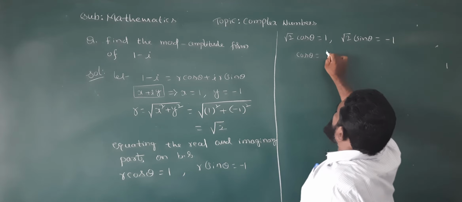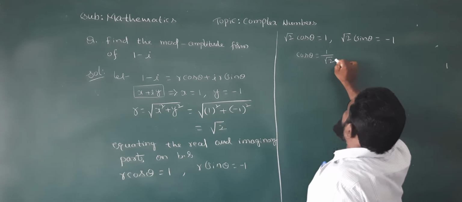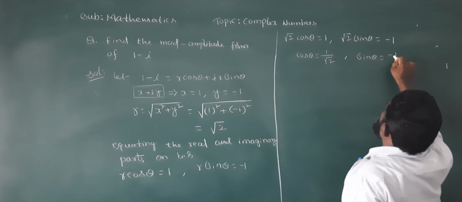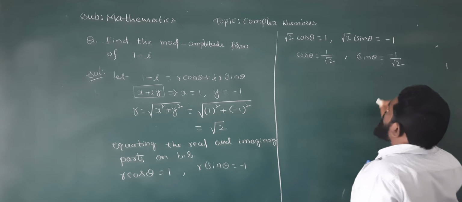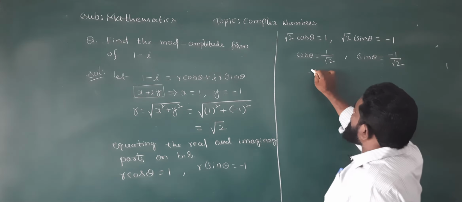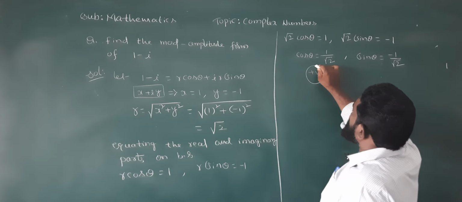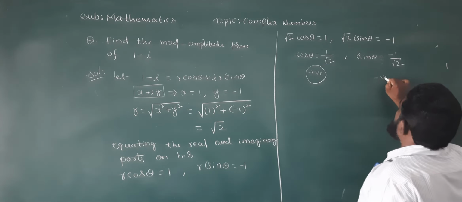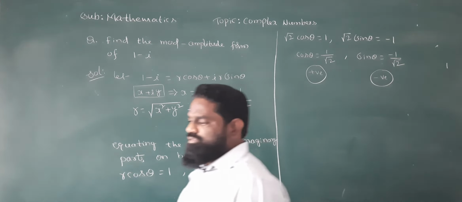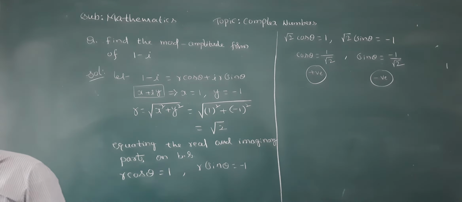Cos theta equals 1 by root 2 and sin theta equals -1 by root 2. Here cos theta is positive, sin theta is negative, so theta lies in the 4th quadrant.